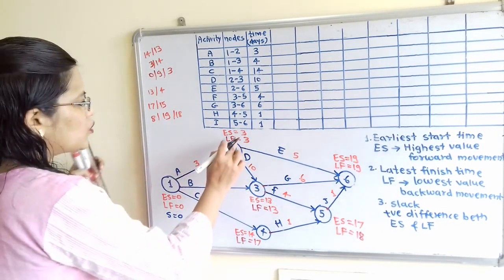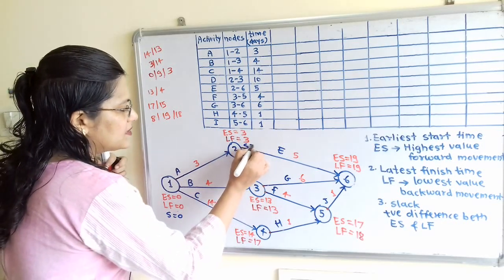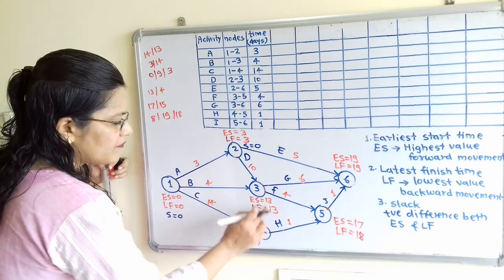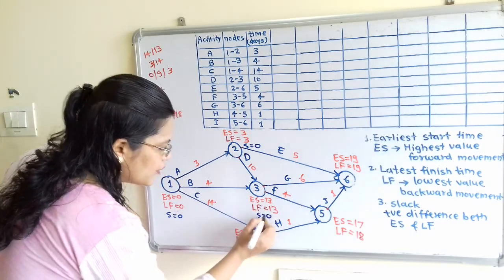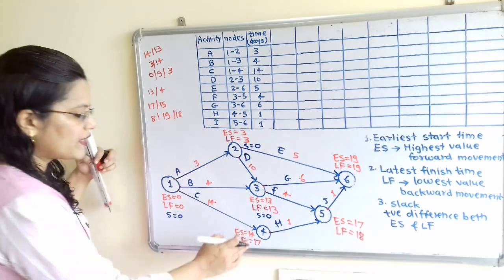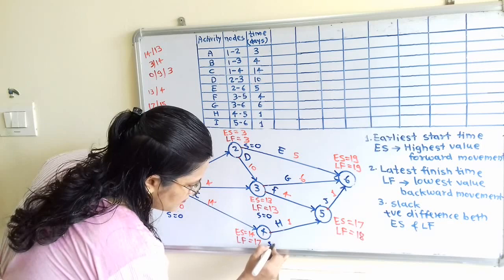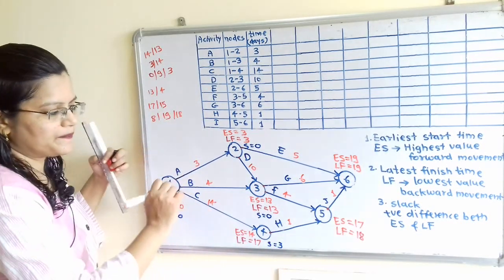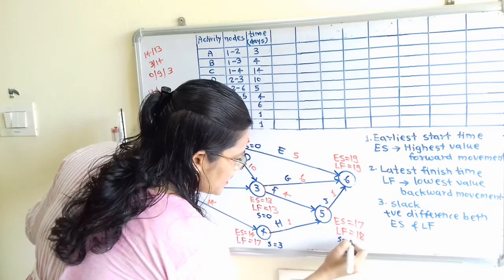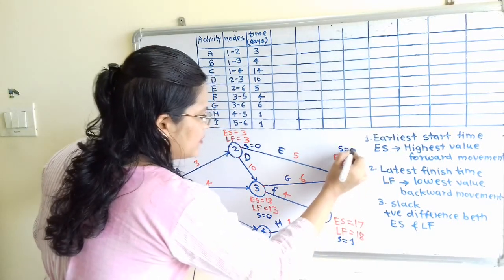Then at node 2, ES minus LF, 3 minus 3, S is 0. Then at node 3, 13 minus 13, S is 0. At node 4, positive difference, so we can choose here 17 minus 14, S is 3. Then here S is 18 minus 17, 1. And here S is equal to 0.